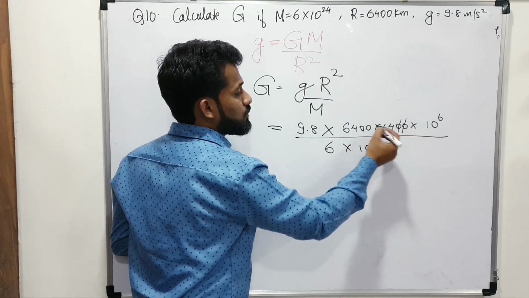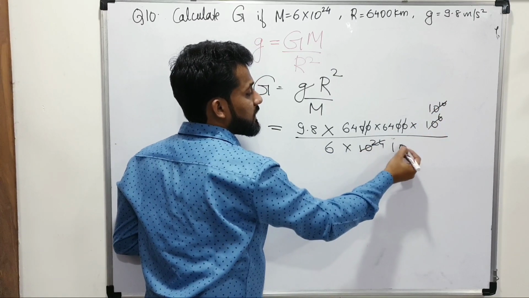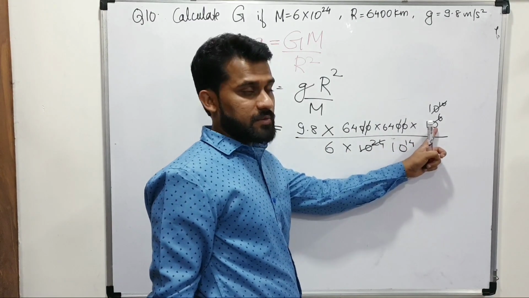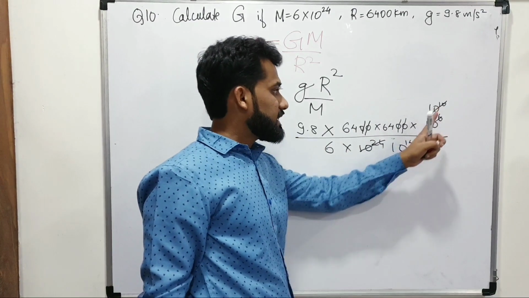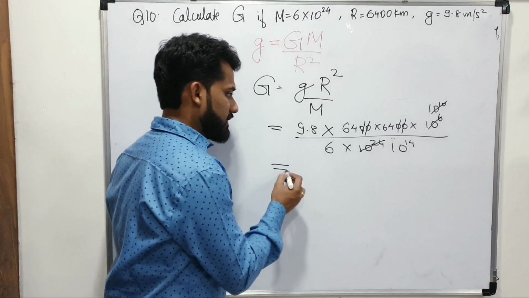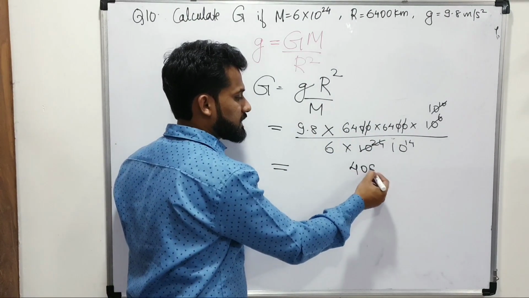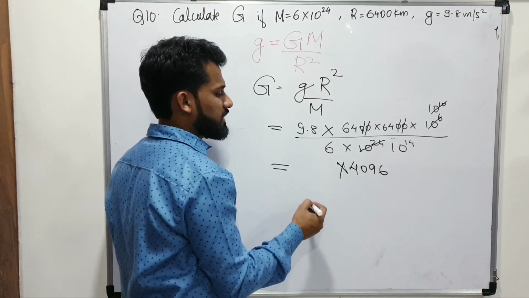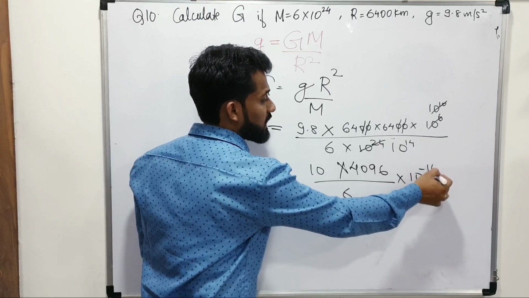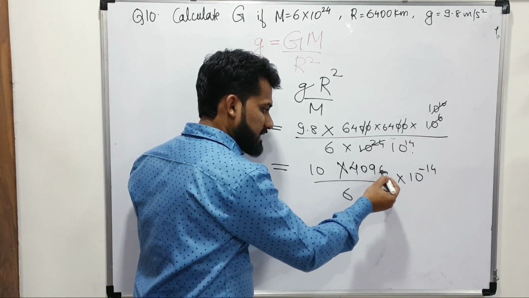So the two 10 raised to 4 and the 10 raised to 6 give effectively 10 raised to 14, which will cancel with 10 raised to 24 and leave 10 raised to minus 14. In the numerator, 64 into 64 is 4096 into 9.8, roughly treating it as 10, upon 6 into 10 raised to minus 14; as this 14 will go up, it will become 40960.